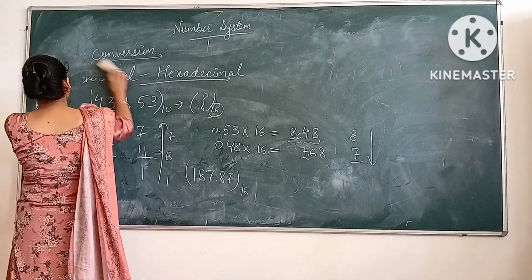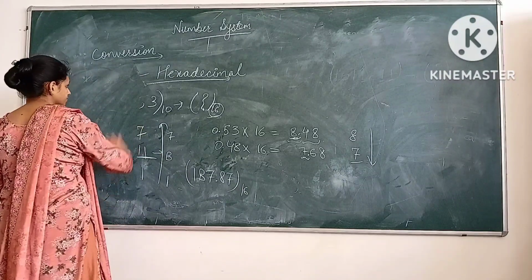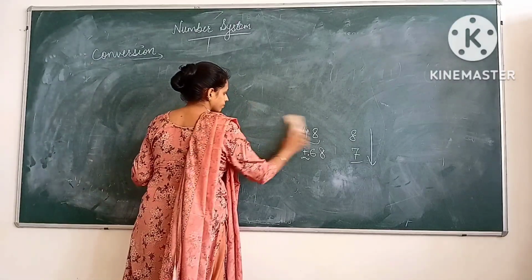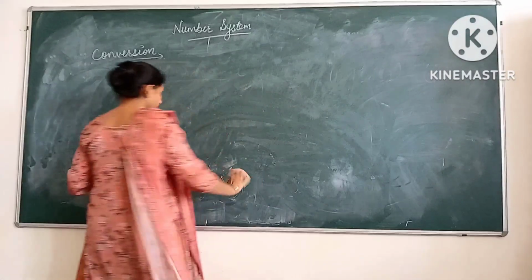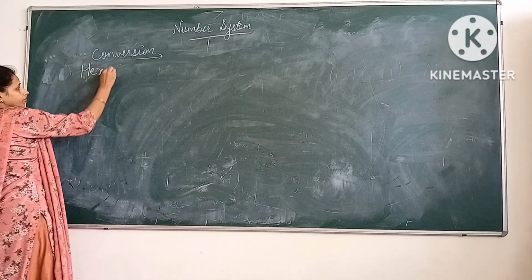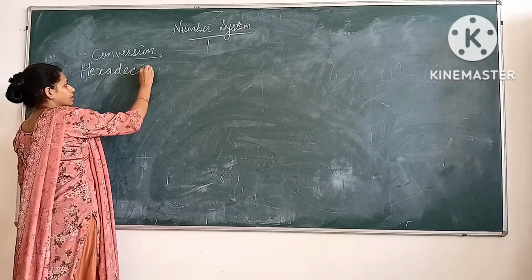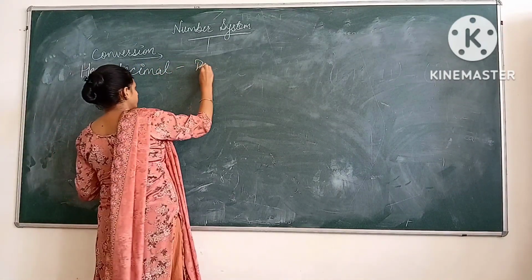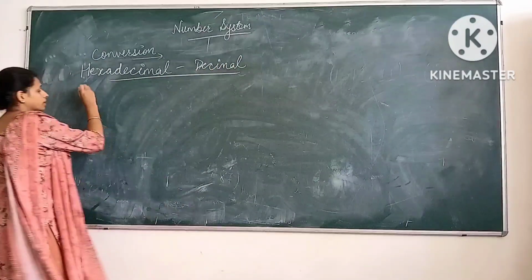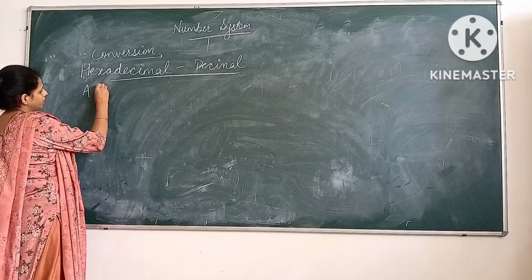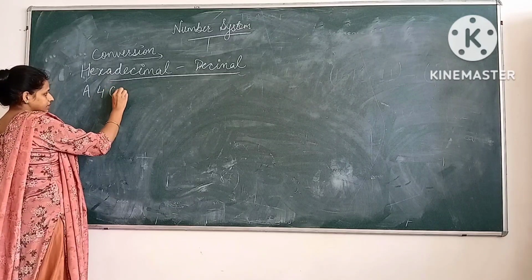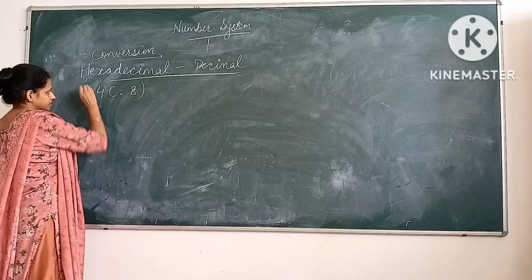So next is hexadecimal to decimal. Means 8, 4, C, 0.8.